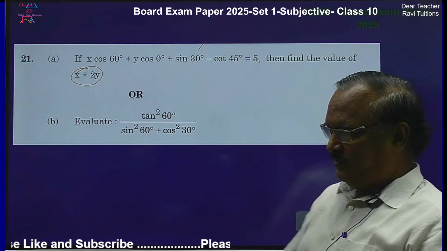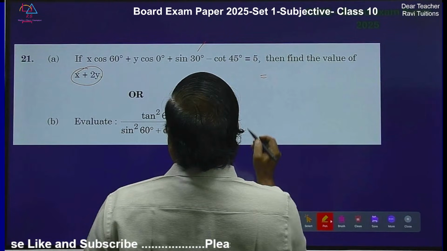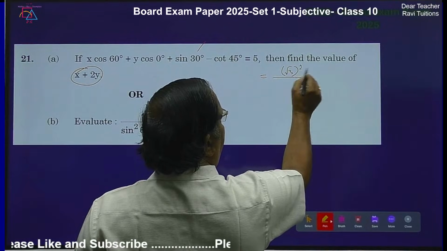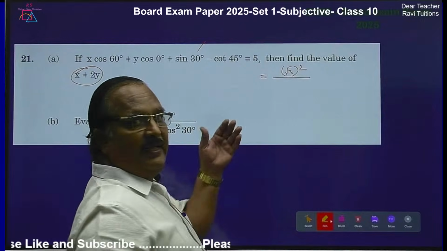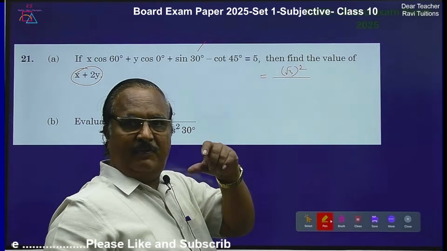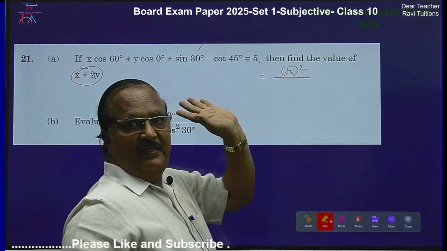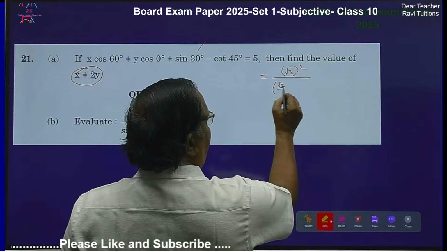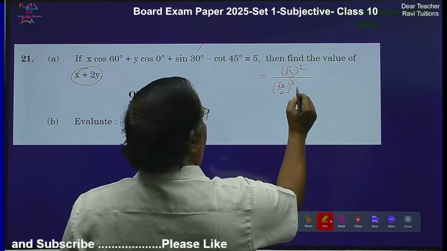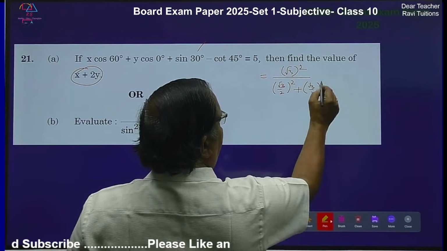Tan square 60 is root 3 whole square. You have to indicate root 3 whole square, so that the paper evaluator should understand that you have written tan 60 as root 3. Sin square 60 is root 3 by 2 whole square. Cos square 30 is root 3 by 2 whole square.